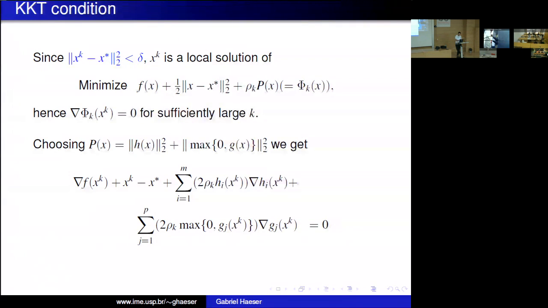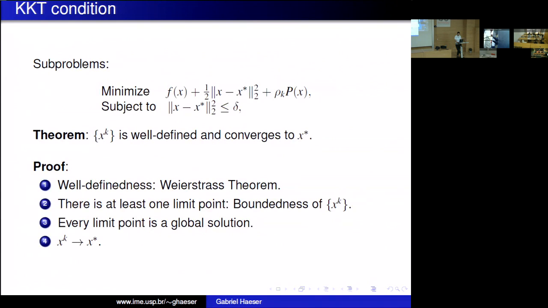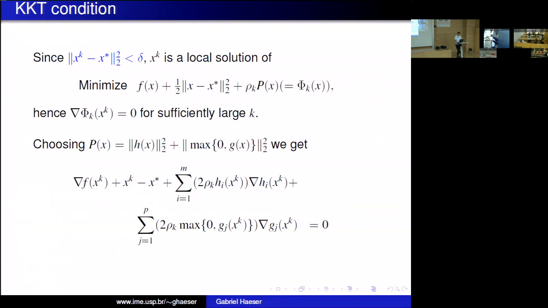So xk will be a local solution to this unconstrained problem. If I have xk, a solution of this problem, it has only one inequality constraint, and I know that at the solution this constraint is inactive. I can simply get rid of this constraint, as we have done before. If I look locally around xk, this will be a local solution of this unconstrained problem.